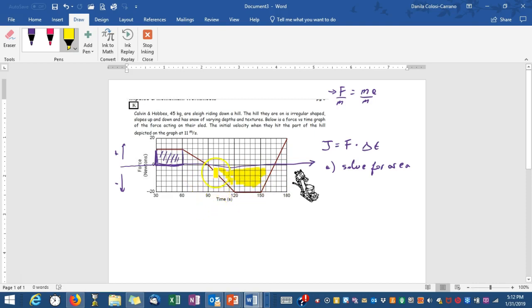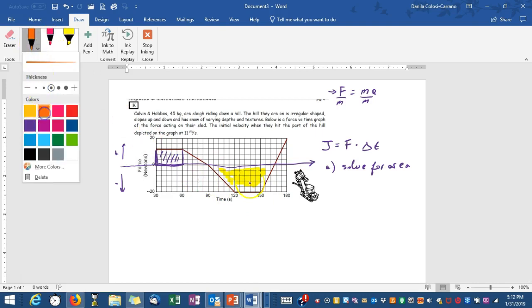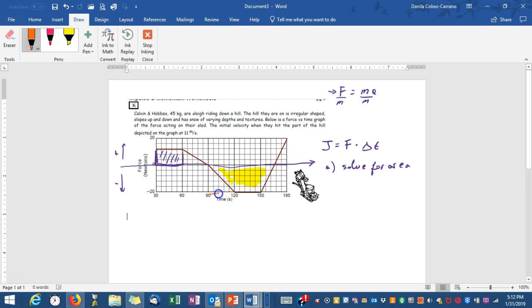They ask which interval of 30 seconds we are considering. Well, the 30 second marks are here and here. So for B, I would say it is between 90 and 120, and between 120 and 150 seconds. Those are the two intervals.